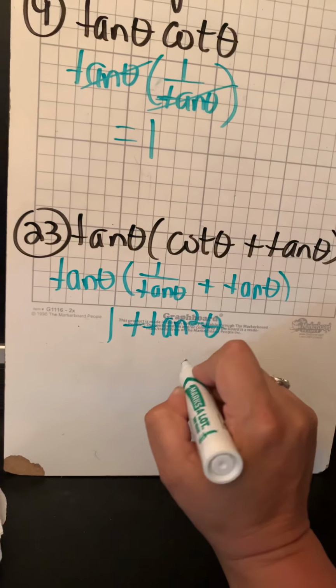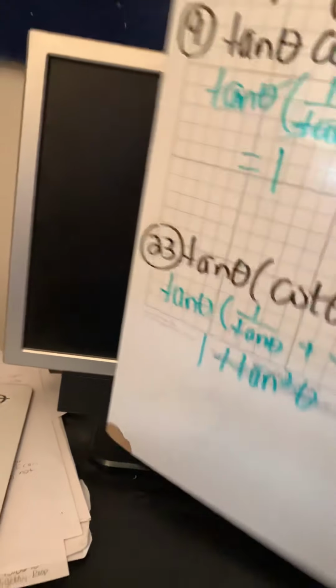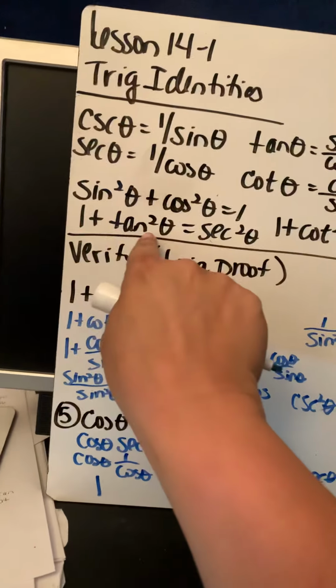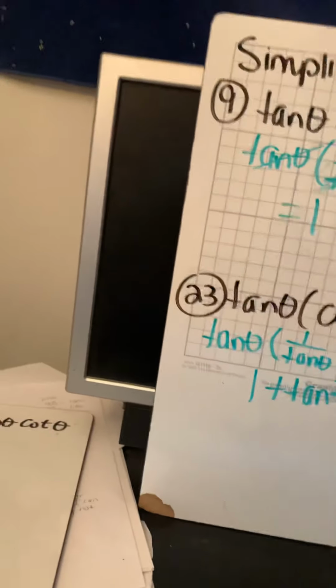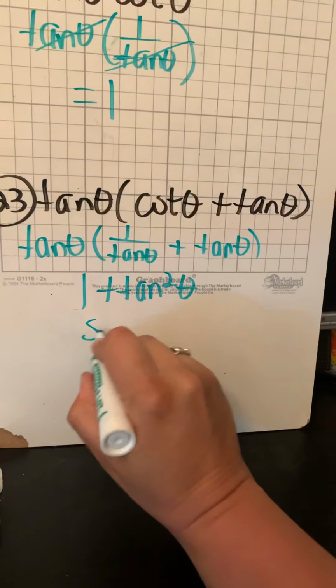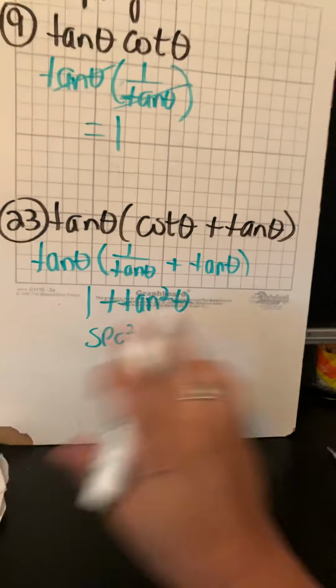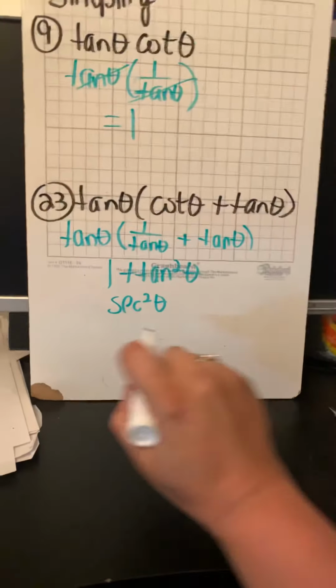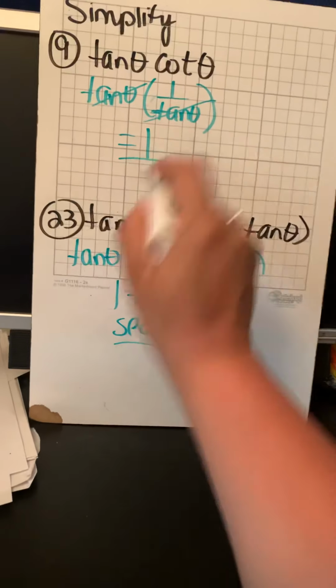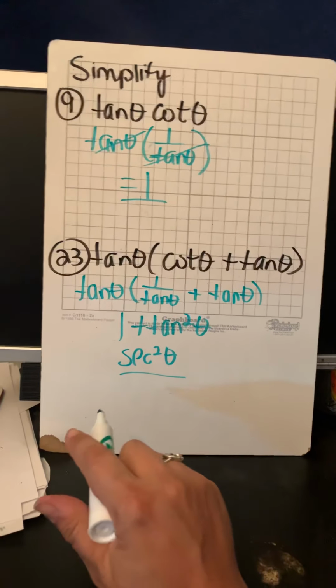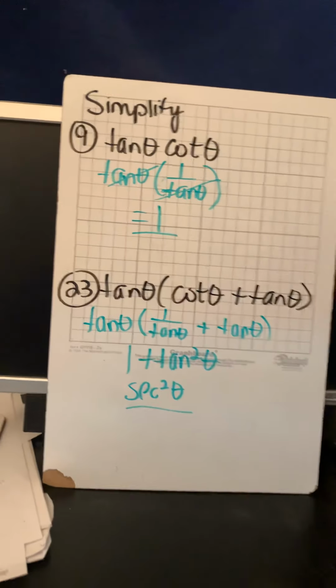Tangent squared theta. So I come over here and I look at my trig ID. What's 1 plus tangent squared theta? Secant squared theta. So I'm replacing that. 1 plus tangent squared theta, secant squared theta. I'm done. I've simplified that as far as it will go.